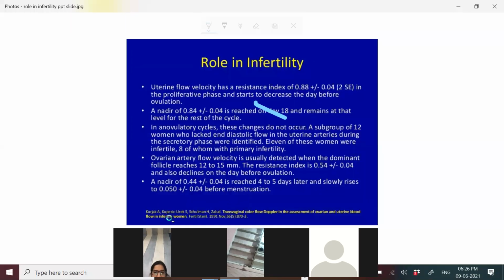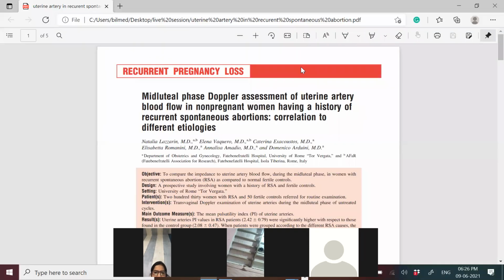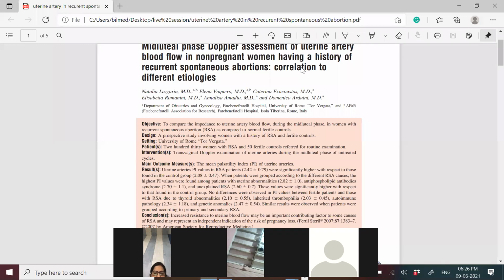Now see, okay, just skip this. So if the patient is suffering from recurrent spontaneous abortions, now this is the study which is conducted. I will not go through the whole of the study. I will give you the result. RSA here means recurrent spontaneous abortions.